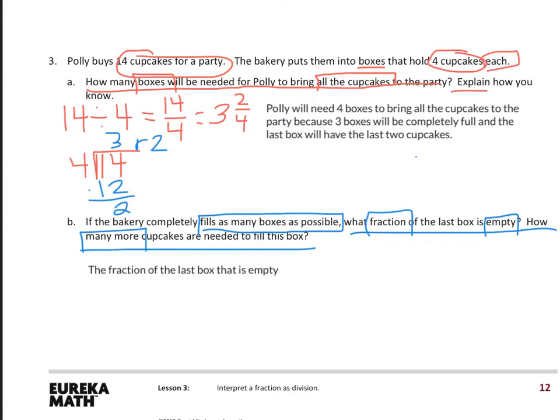That means what's empty is going to be 2/4, or we can simplify that to be 1/2. And we should know that 2 more cupcakes are needed to fill the last box.